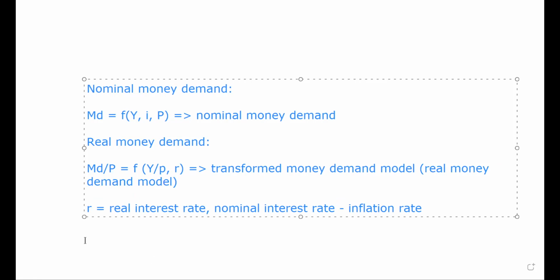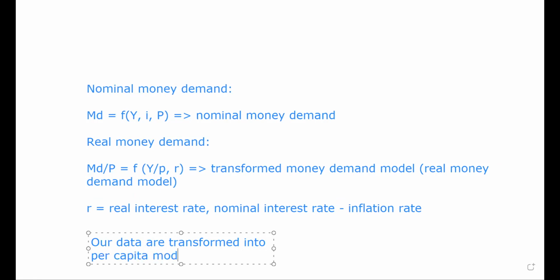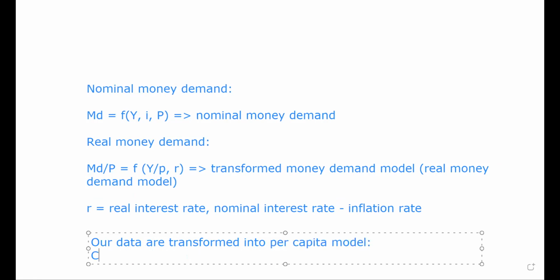Also, we can estimate, for example, if our data are transformed into per capita. For example, here we have consumption. This is a consumption model, a function of Y, income, and also interest rate.